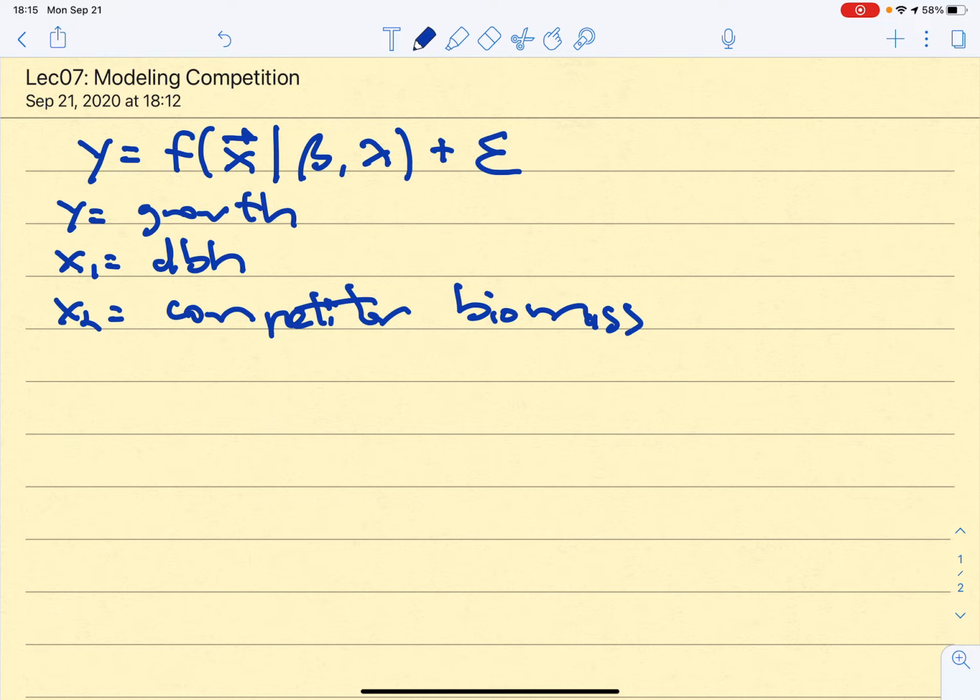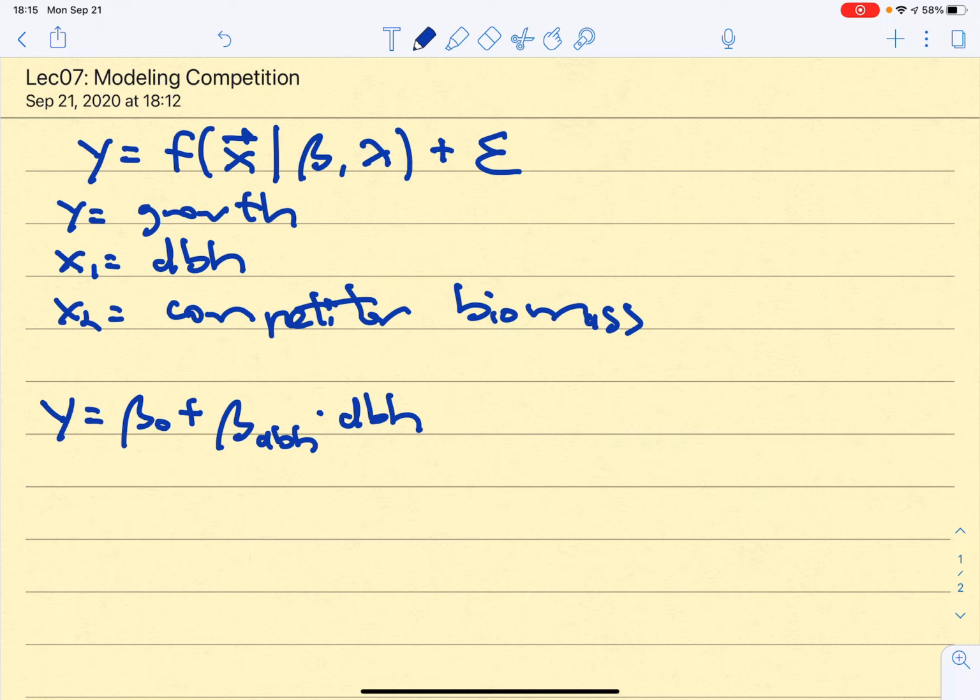Here's the model we're going to use. Y, the growth, is going to be based on beta naught, the intercept, plus beta dBH, the slope for dBH, times dBH, the idea being that you want to account for that tree's size to begin with, because, for example, a younger tree will be smaller and therefore will grow more than an older tree.